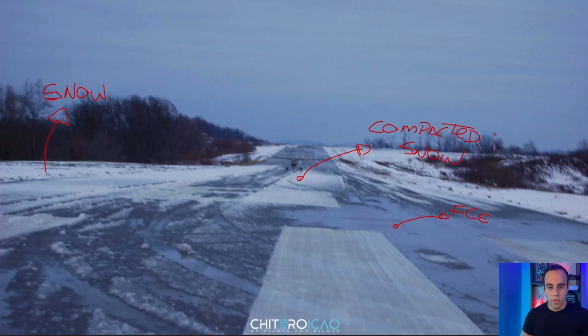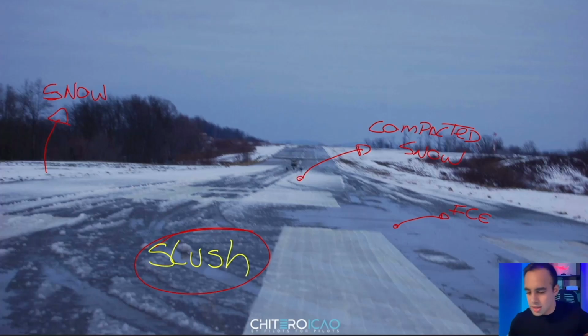So we have snow, we have compacted snow, we have ice. And what about this mass? What do we call this mass right here, guys? Any clue? Slush. How do you spell it? S-L-U-S-H. Yes.